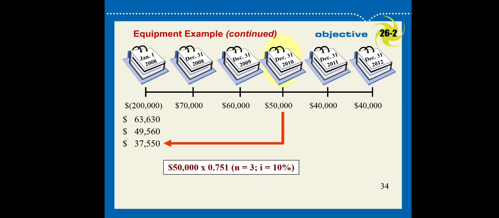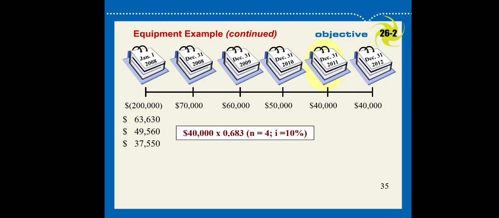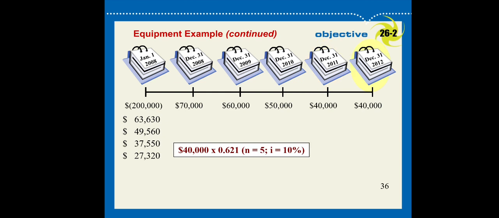You have to do that for the year 3, and also for the year 4, and also for the year 5. See, these are the present value of all net cash flow for every year.